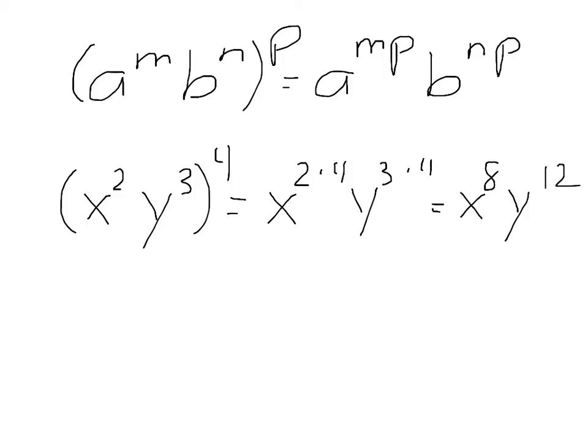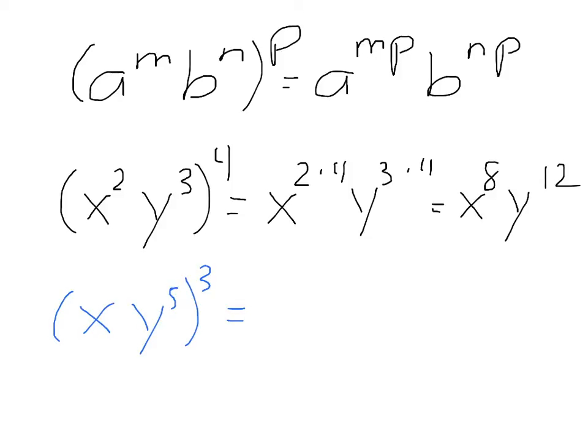But be careful, because sometimes I might throw this at you: x, y to the 5th, to the 3rd power. And you're thinking, okay, I'm going to multiply the outer exponent to the inner exponents, so I'll multiply the 3 and the 5 together, right? No, you would have forgotten something.